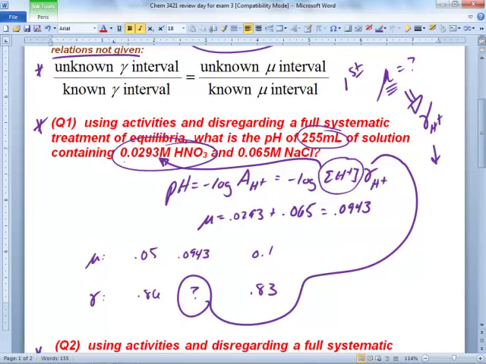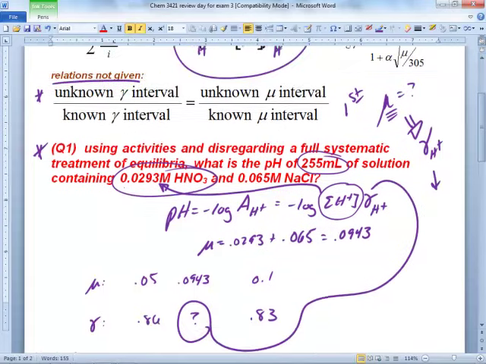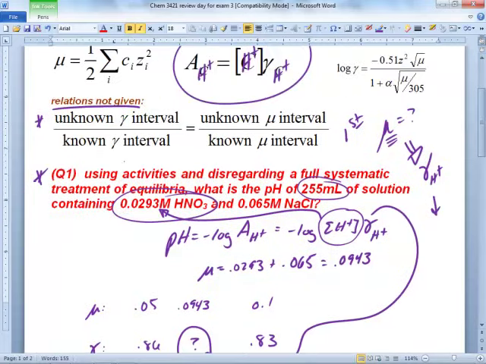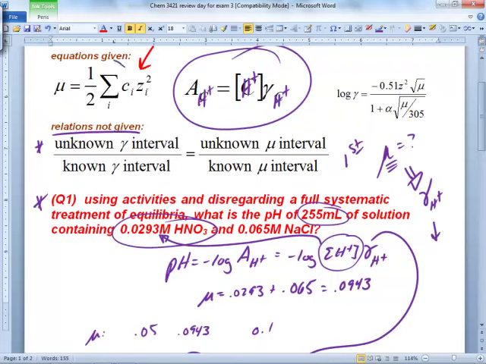Okay, Natalie? Oh yeah, exactly. You can always use this equation. You could use it twice, or just use it once and put them all in there. Yeah, adding them up.